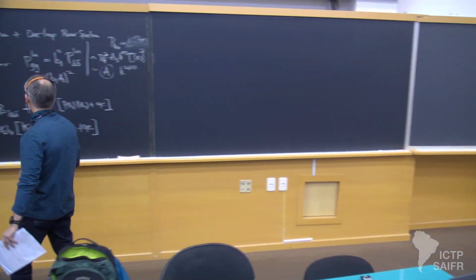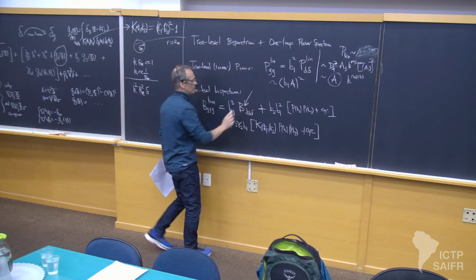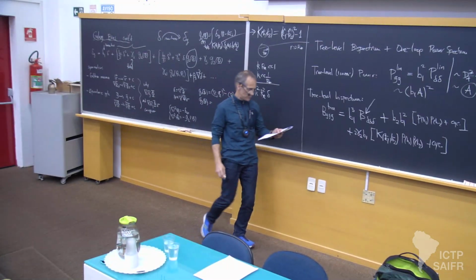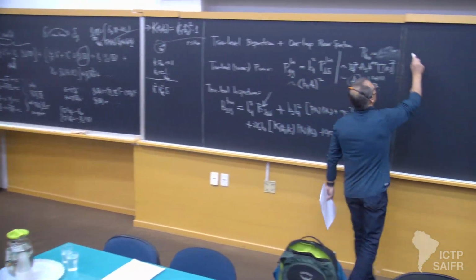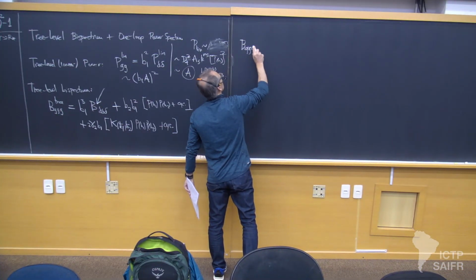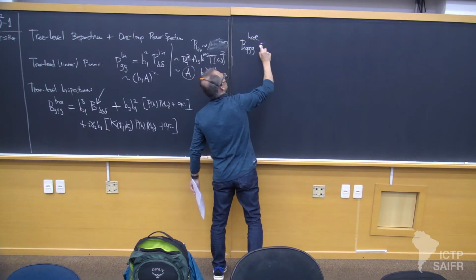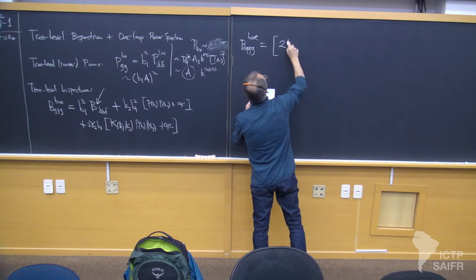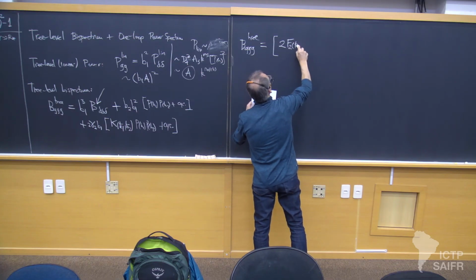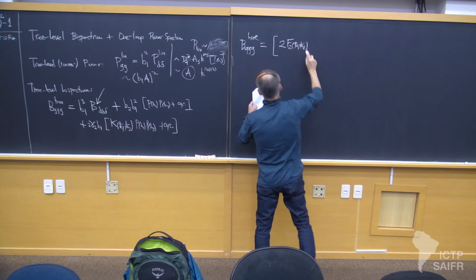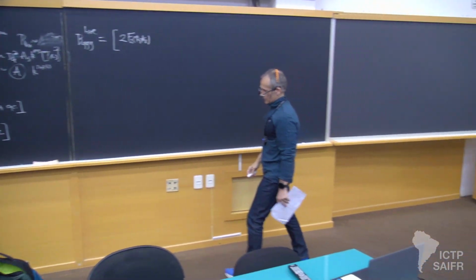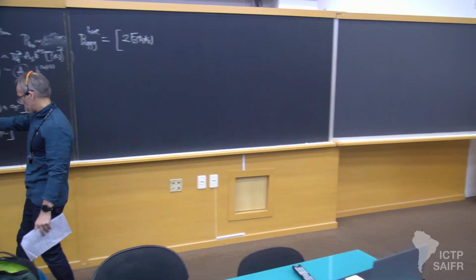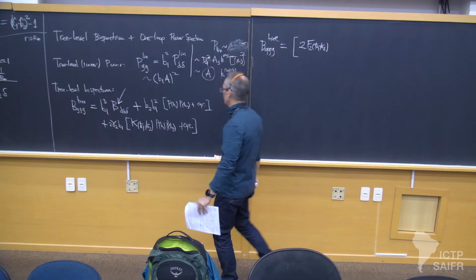So now I can use the expression that we have for this in terms of the F2 kernel and put everything together. So I have this F2 kernel that comes from this, right?